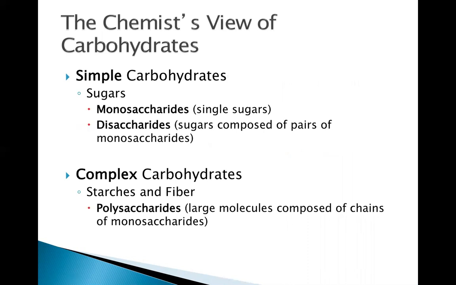Simple carbohydrates include sugars, and we have the monosaccharides, which means one sugar, as well as the disaccharides, which means two sugars. Complex carbs include starch and fiber, and both of these are made up of very long chains of sugars in different orientations.